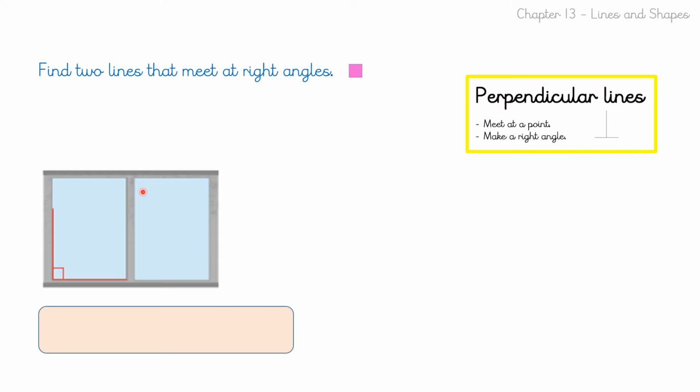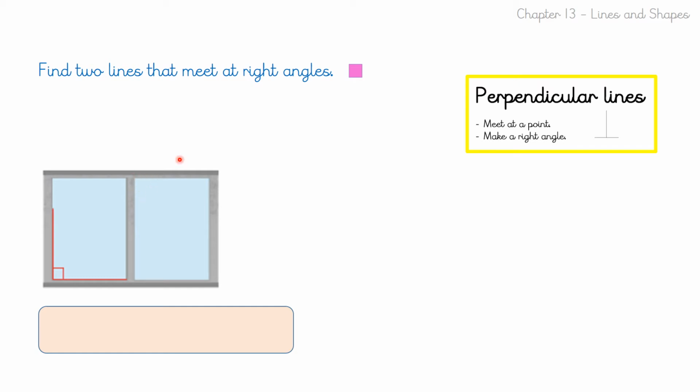So what are the 2 lines that meet together at a point in order to make this right angle? It's quite easy. So I got one line here, so this line meets at a point with this line in order to make a right angle. So these two lines, 1 and 2, are meeting at a point in order to make a right angle.